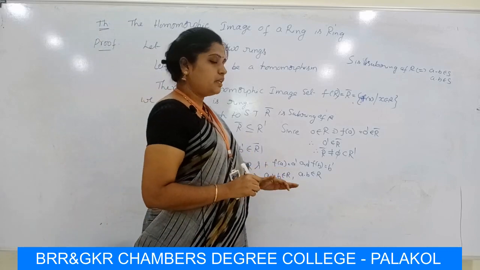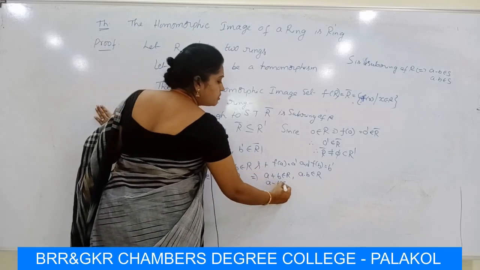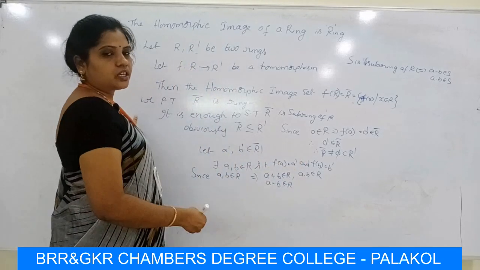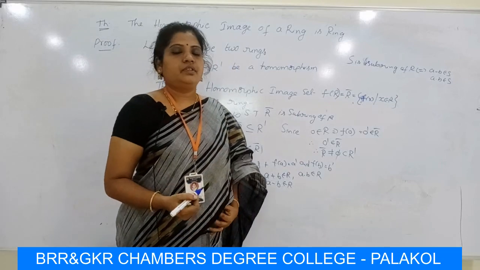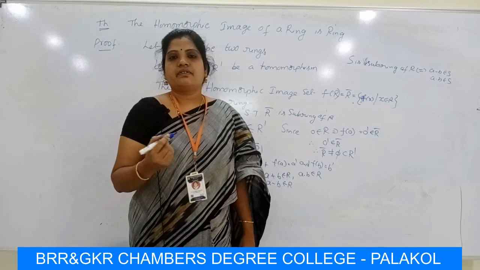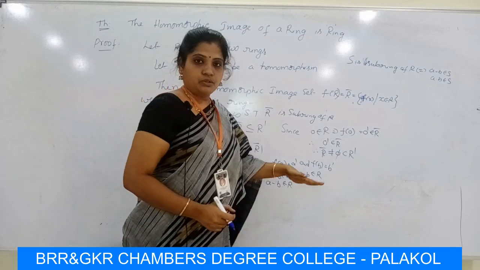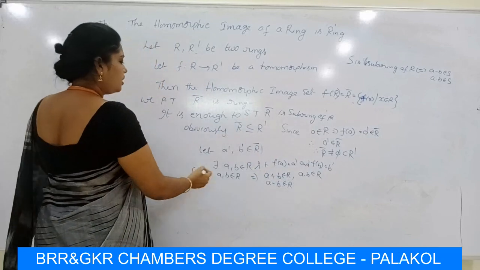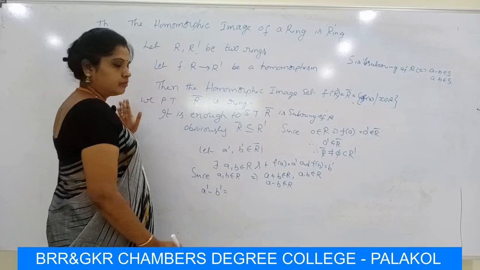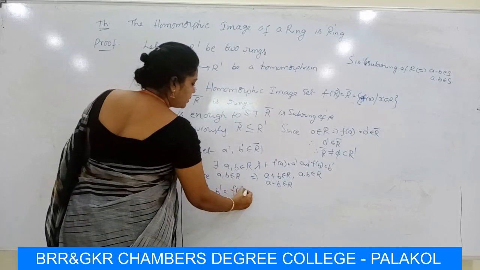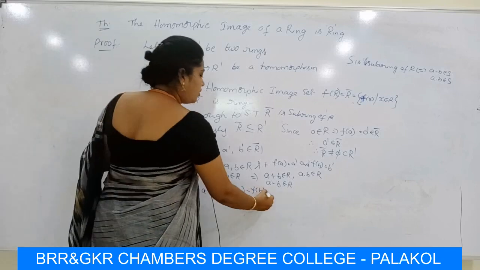So, now a dash minus b dash. Here also a minus b belongs to R because R under plus is an abelian group. Then from group theory, a subgroup satisfies the condition a minus b belongs to H. So here also a minus b belongs to R. Now a dash minus b dash is equal to f of a minus f of b, that is f of a minus b.